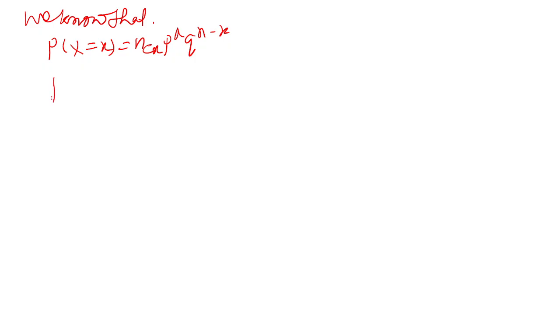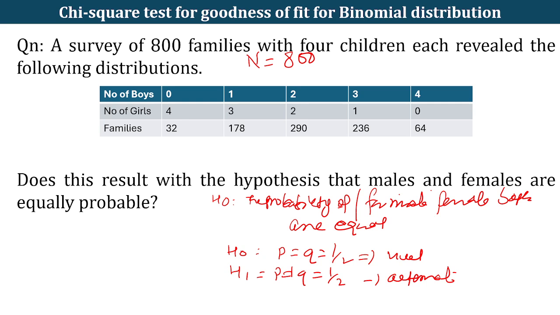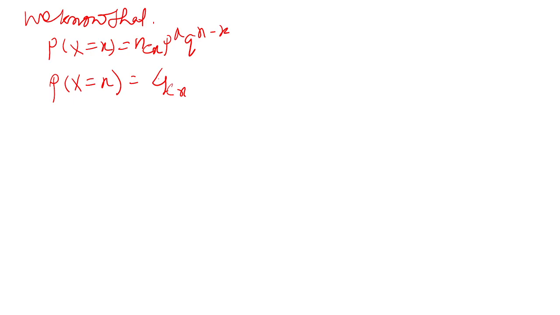So we know that P of x is equal to nCx p to the power x q to the power n minus x. Is it? P of x will become 4Cx. Why 4Cx? Because we have 4 children in the family. The probability of getting male or female is half and half.